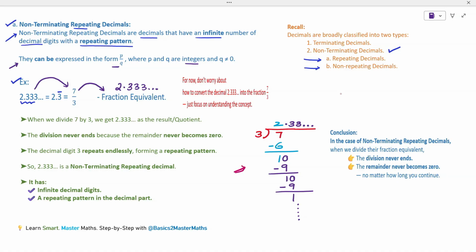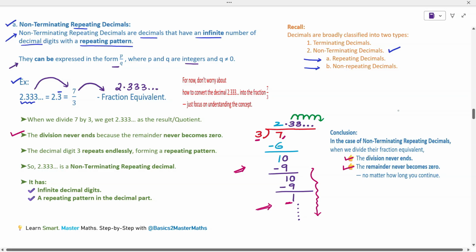Observe here, when we divide 7 by 3, the division never ends and the remainder never becomes 0. Got it? Also, the decimal digit 3 repeats endlessly, forming a repeating pattern.